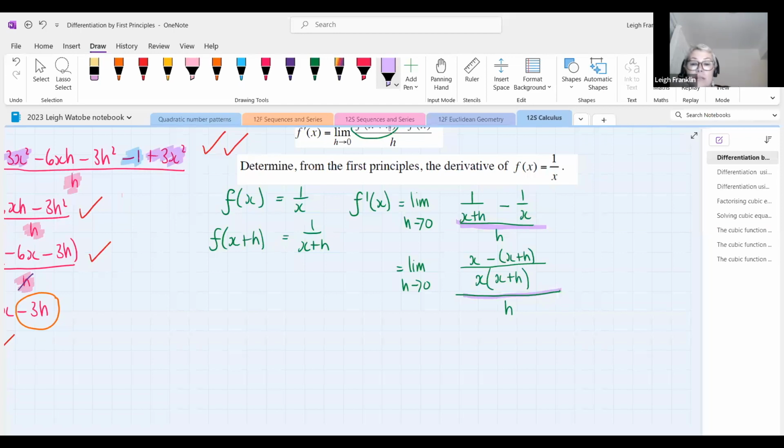I hope everybody's happy with that. Then in our next step, we've got our limit as h tends to 0. X minus x plus h means that at the top, we've now got negative h all over x times x plus h, all over h.